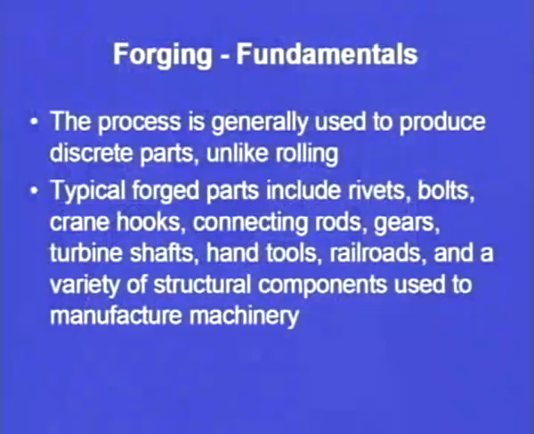The process is generally used to produce discrete parts, unlike rolling. In the rolling process we can see that different channels, shapes and structural components are made on a continuous basis. In rolling we can make tubes or rods, and wires can also be made by drawing. So, whatever product we get is a continuous product, and whatever length we want, we can use the shearing machine to cut the desired length.